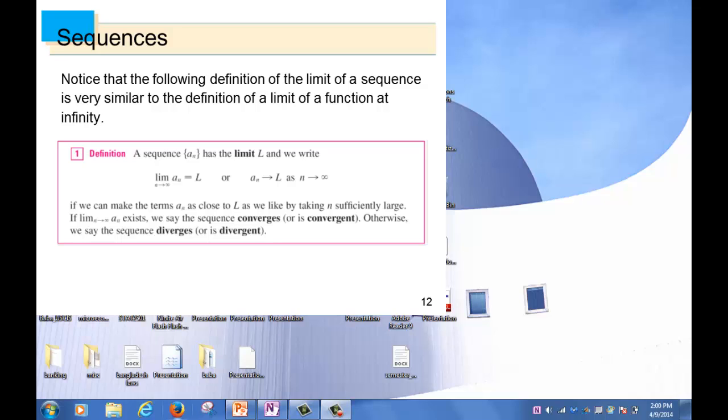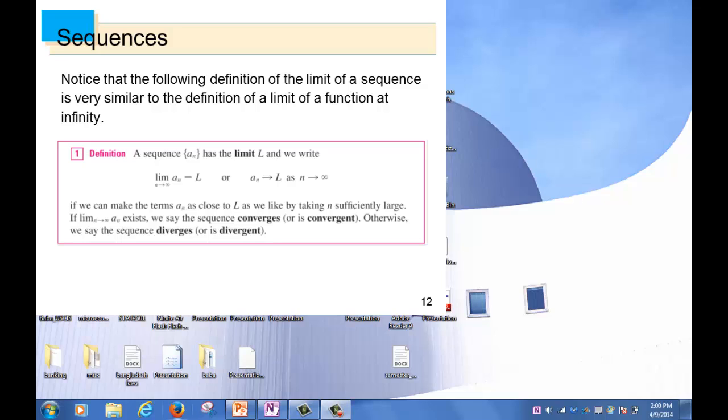Now, when the limit of a sequence exists as a number, we call that sequence a convergent sequence. Convergent sequence means the limit of the sequence exists. Okay?